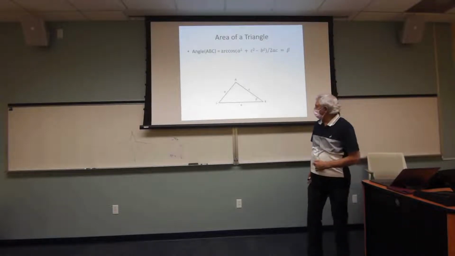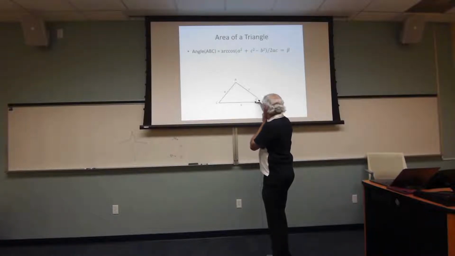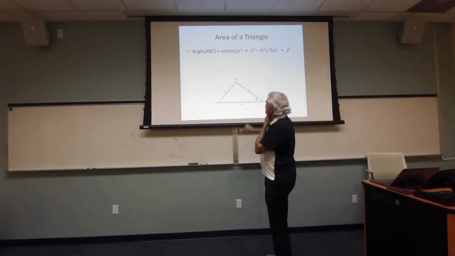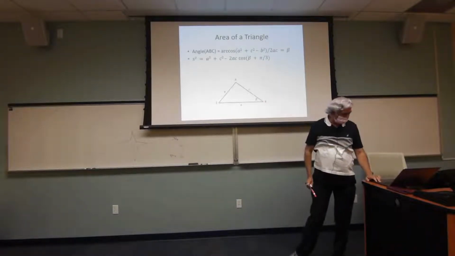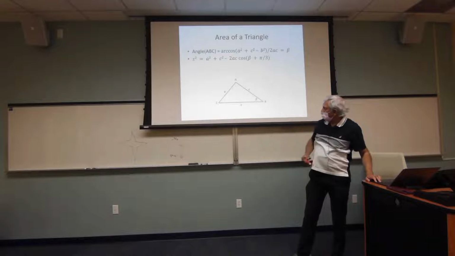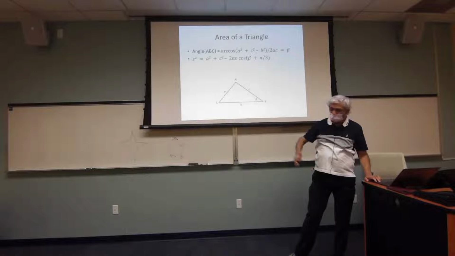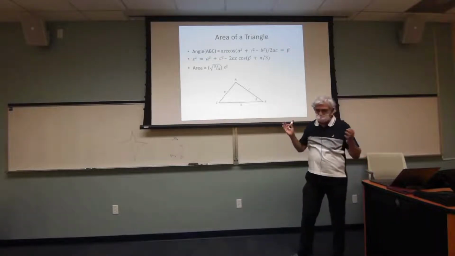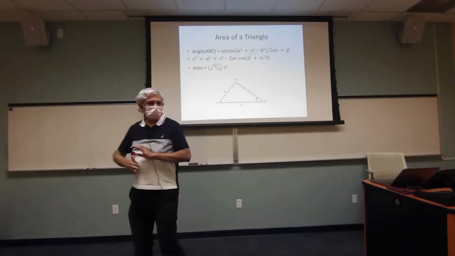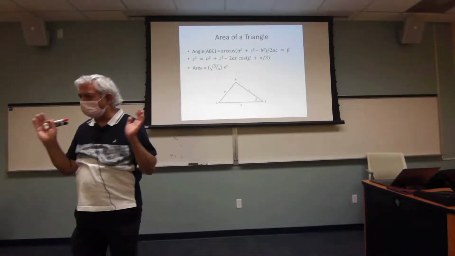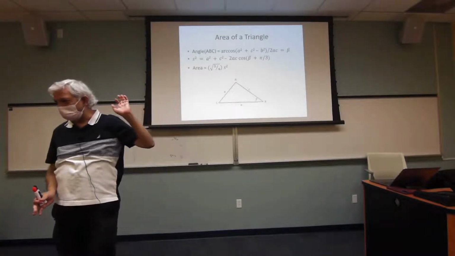In particular, I can write the formula for this angle beta here as something like that, and write down the perimeter s squared in terms of A, B, and C and that beta angle, and then write down the area in terms of this s. I know it looks complicated, but if it's given to you, it's there. All you have to do is to plug it in. Writing code for this is child's play, right? Easy.